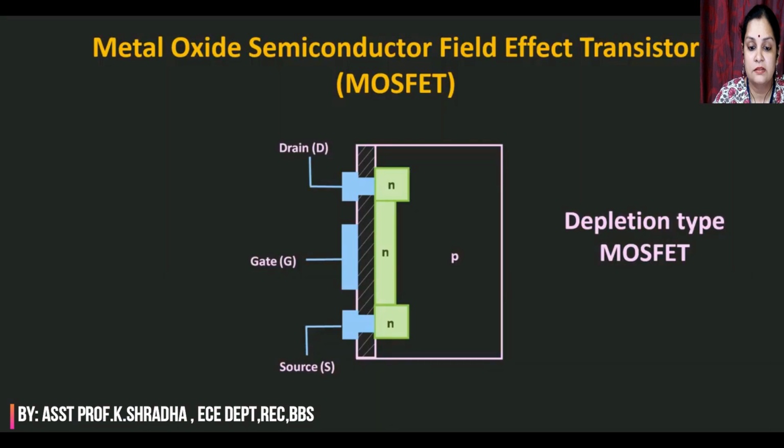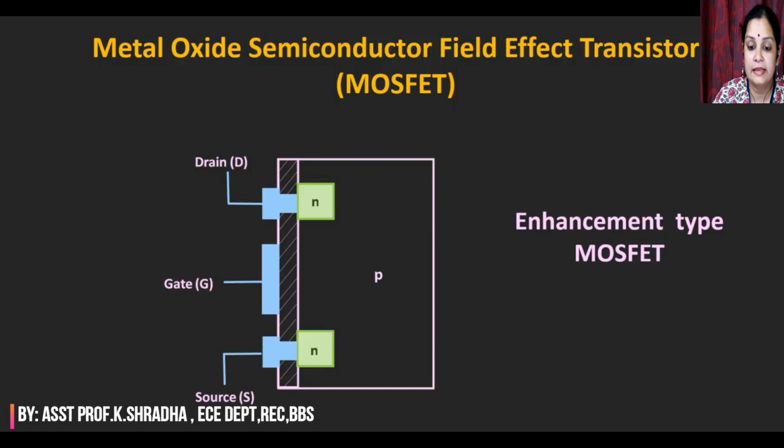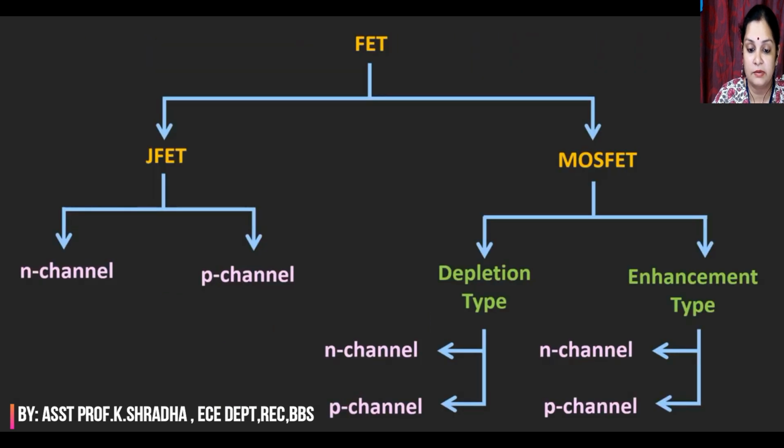The structure shown in this diagram is the depletion type of MOSFET, where the voltage applied at the gate terminal depletes the charge carriers in this N channel, while the structure shown in this diagram is the enhancement type of MOSFET. In this type of MOSFET, the channel is formed between these two N regions when we apply the voltage at the gate terminal.